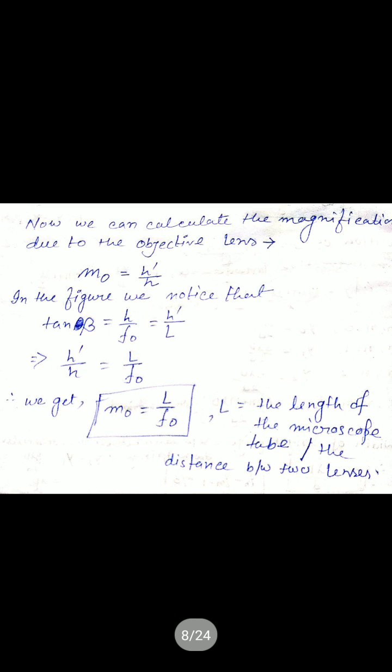So h dash by h equals l by f0. We get m0 equals l by f0, where l is the length of the microscope tube or the distance between the two lenses.